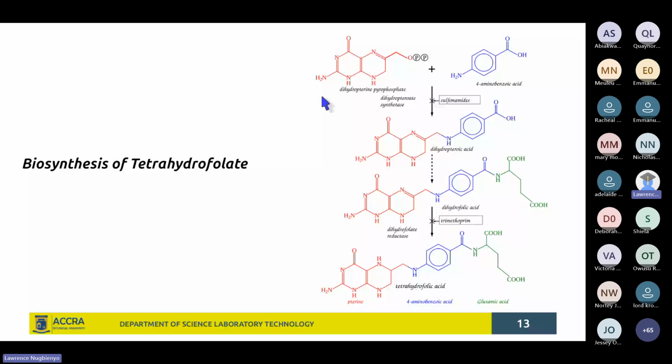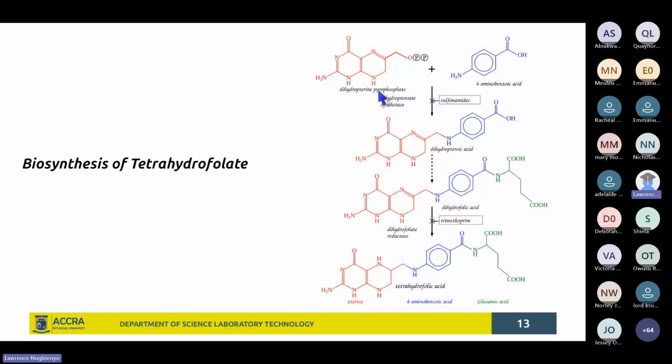Now, the process of biosynthesis of the tetrahydrofolate, from top coming down, these are just some 3 reactions. You have aminobenzoic acid, which is blue, which is getting conjugated with the dihydropterin pyrophosphate, which is the red molecule.